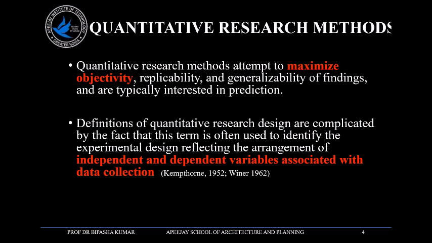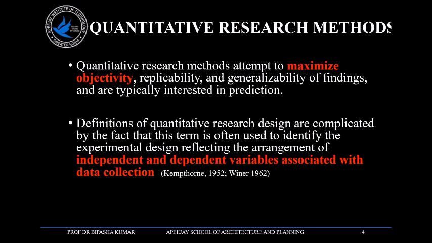Now, what is the quantitative research method? This is the method which attempts to maximize the objectivity, replicability, and generalizability of findings, and is typically interested in predictions. Definition of a quantitative research design is complicated by the fact that this term is often used to identify the experimental design, reflecting the arrangement of the independent and the dependent variables associated with the data collection.